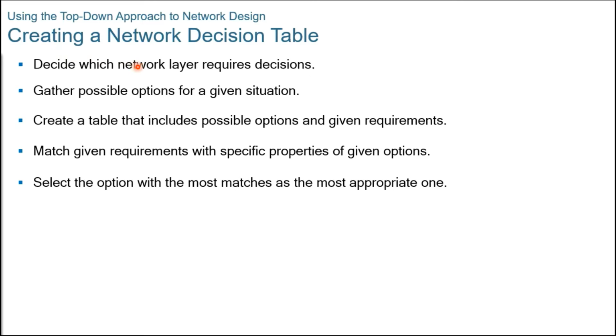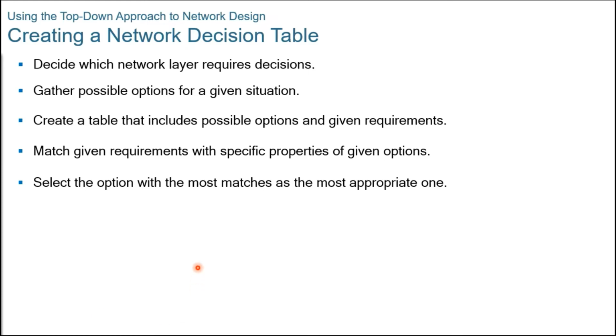Options are usually selected based on the highest level of compliance with given requirements. So basic guidelines for creating a network design decision table include the following. First, determine the network building block about which decisions will be made. So that includes the physical topology, routing protocols, security implementation, and so on.